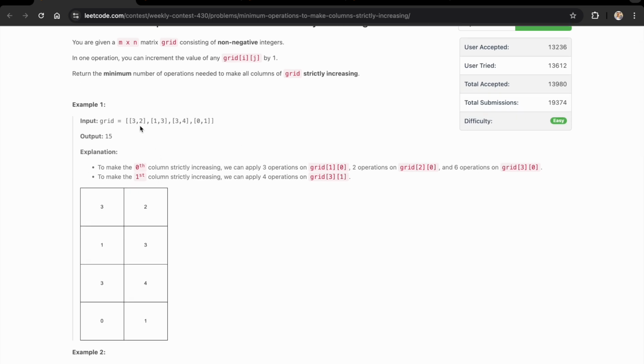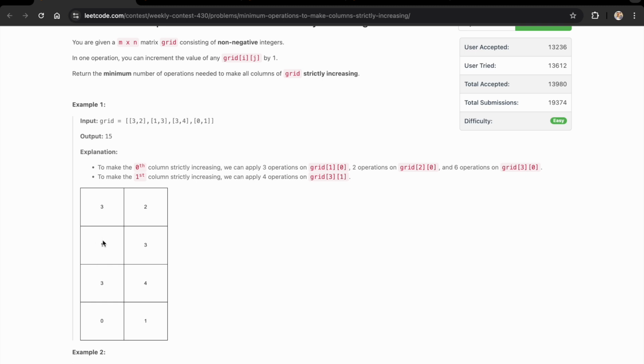As you can see in example number 1, we have 3 1 3 0. As we have 3, how many operations do we need to make it strictly increasing? If we have 3, then it should be 4, so we need 3 operations there.